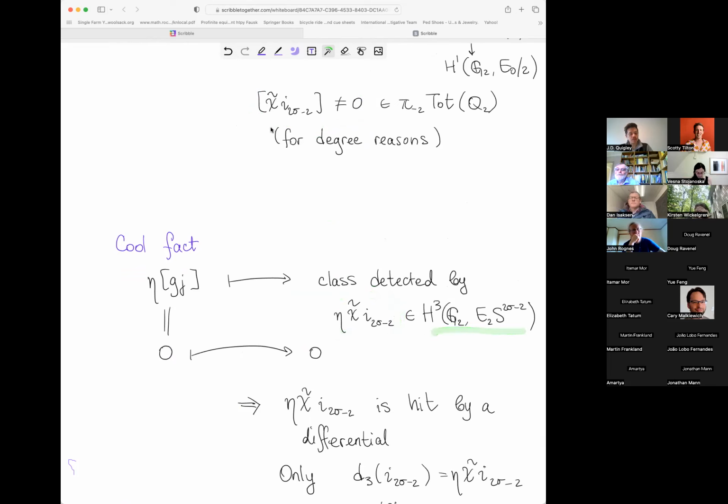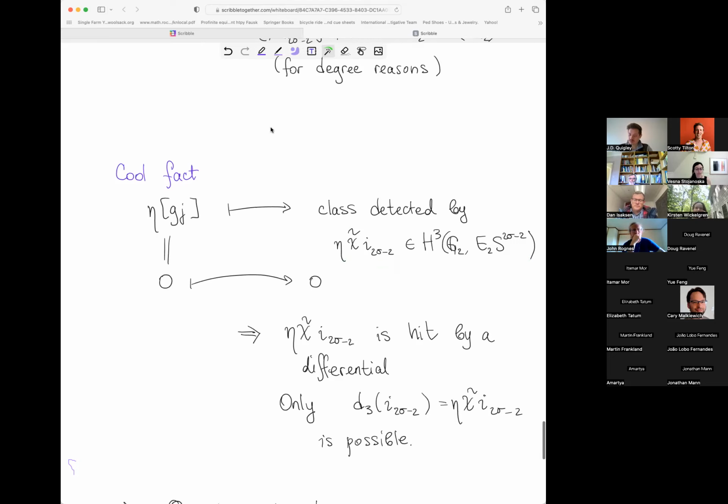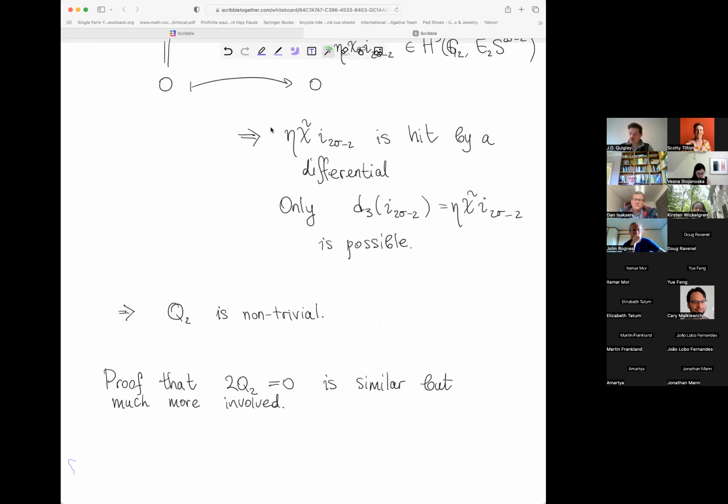It has to be 0 because 0 can only map to 0. But this is a non-zero class in the cohomology, which is another calculation, so it has to be hit by a differential. The only possibility is the differential that I've claimed, and so we have this differential, and therefore Q cannot be equivalent to the sphere. So that's the brief sketch.